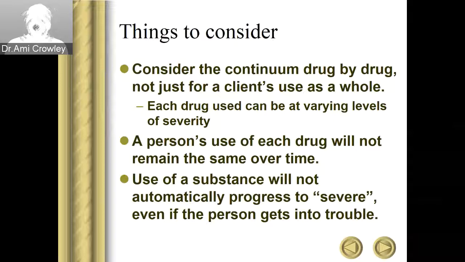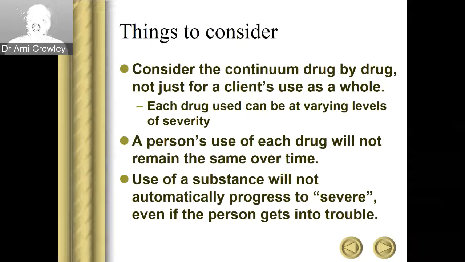And it also says that a use of substance will not automatically progress to severe, even if the person gets into trouble. And severe is one of those DSM-5 labels in terms of severity of use. So really understanding that while trouble might come in the form of health and legal, relationship, financial, employment issues, those problems can still occur in someone's life, even if they haven't made it to severe, even if they have maybe only been in the experimentation phase, they can still have trouble.